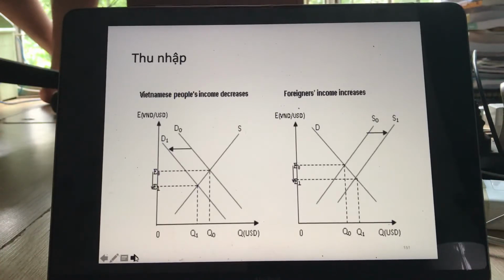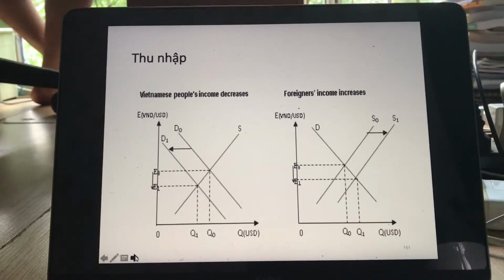Why did it become expensive? When we make this analysis, we should make an assumption that we hold other things equal. We keep other things equal.